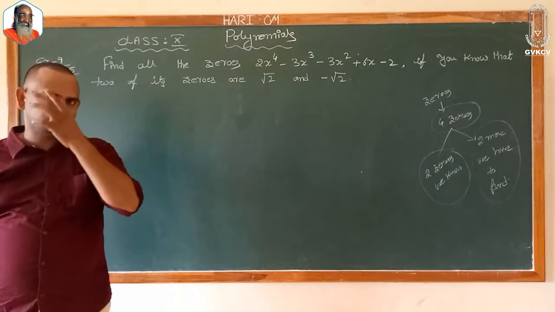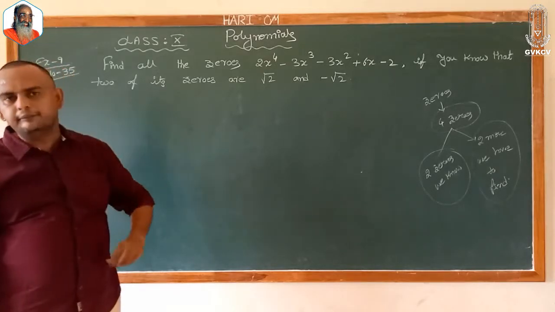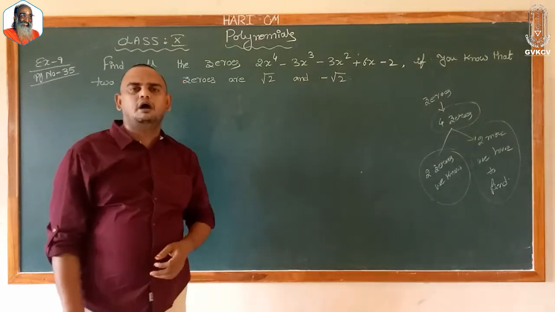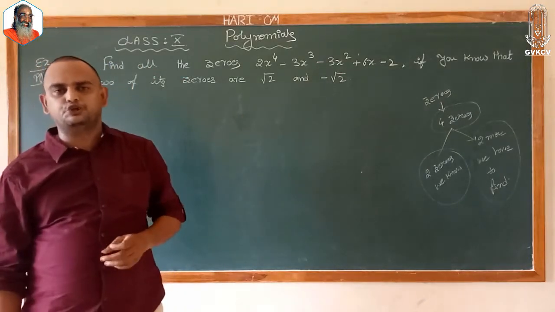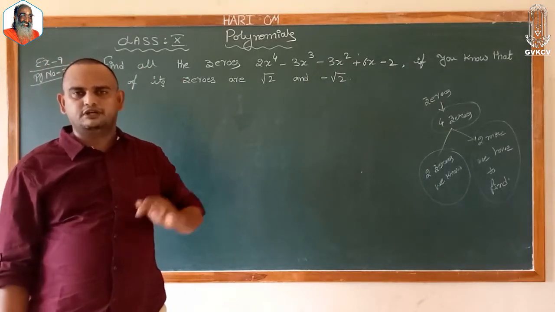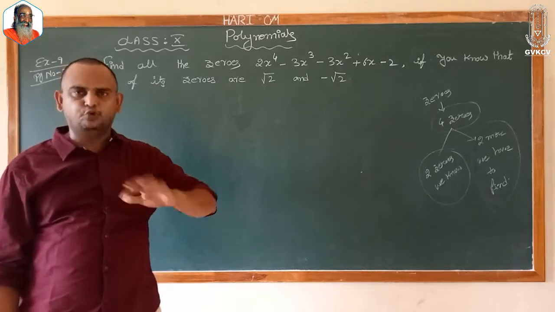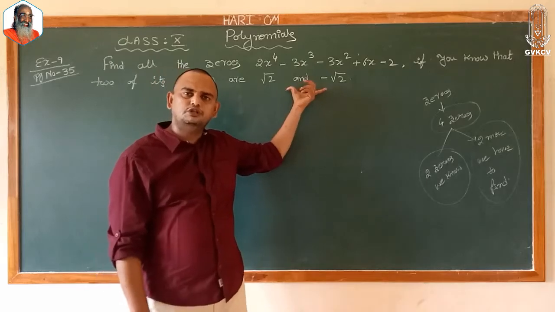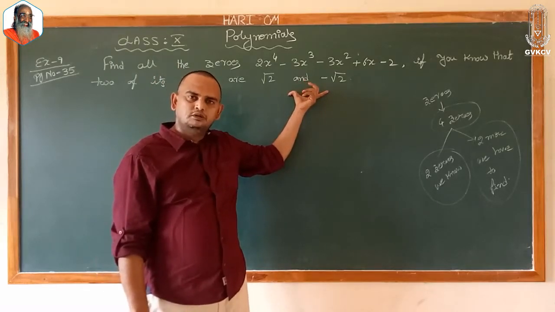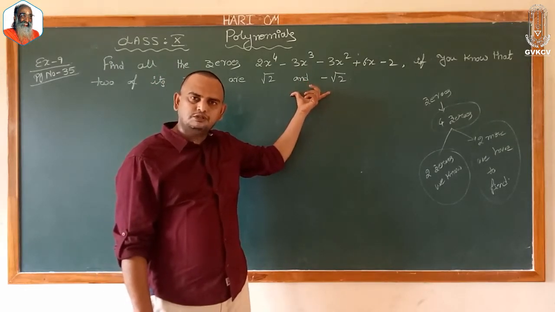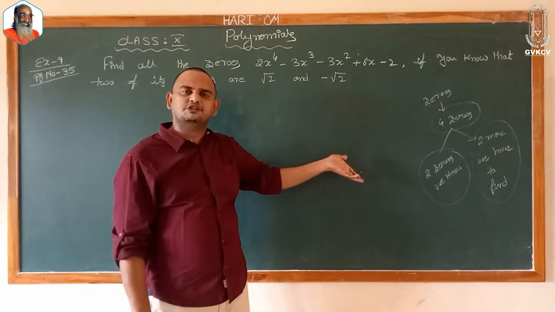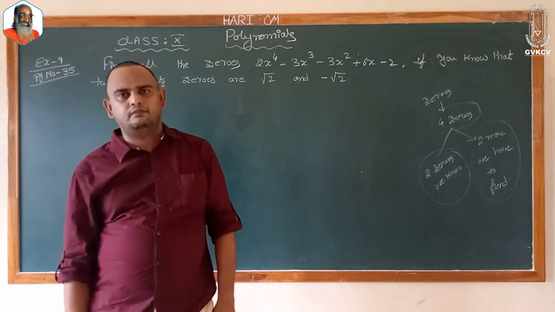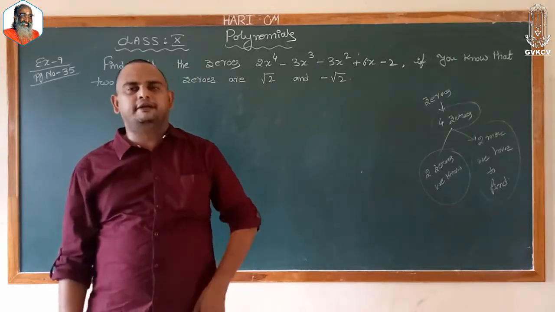So we have 2 methods. The first method, substituting a value in the given polynomial and checking where we get the answer 0. The method 2, I know 2 zeros, and using these 2 zeros, by applying the division method, I can find another 2 zeros.